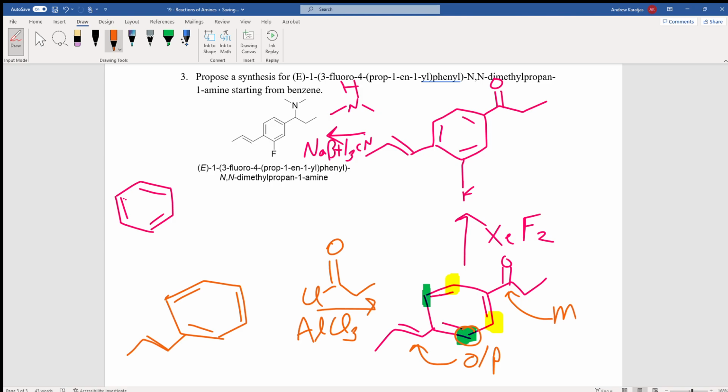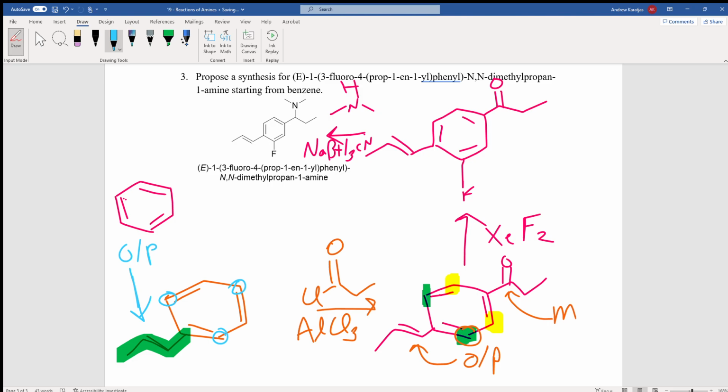What about where it's going to go? So the alkene that we have, this group, we said a moment ago, is an ortho-para director. So that means it's going to direct new substituents, either ortho or para.